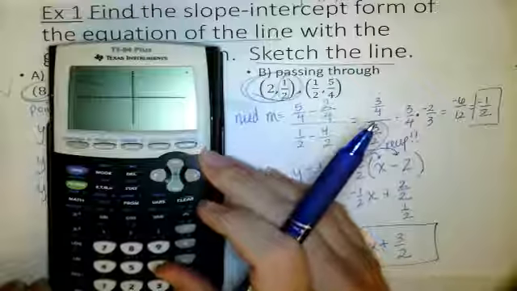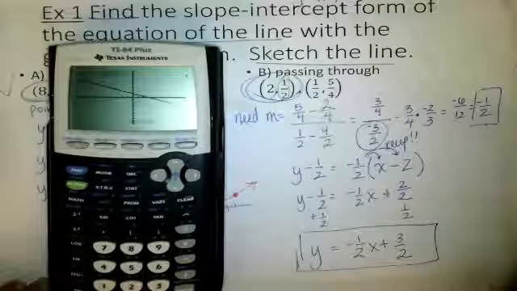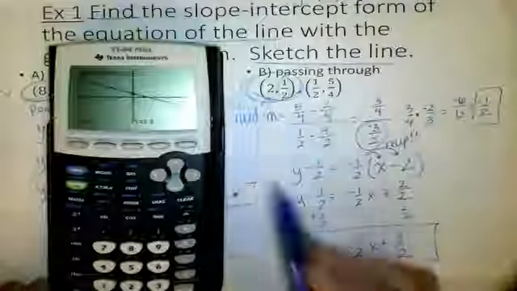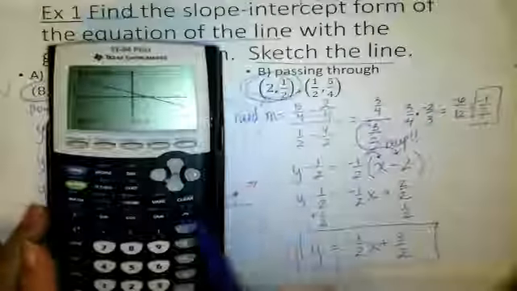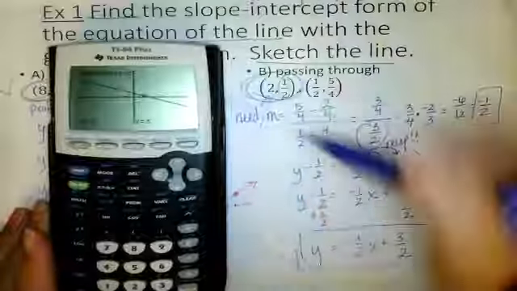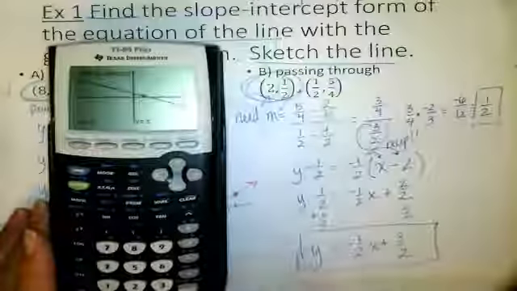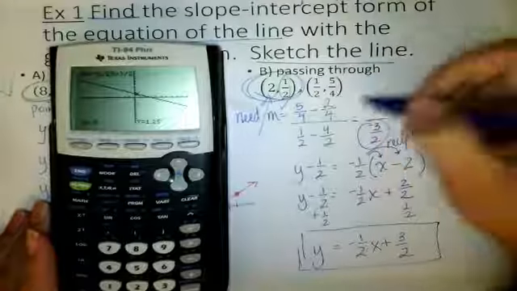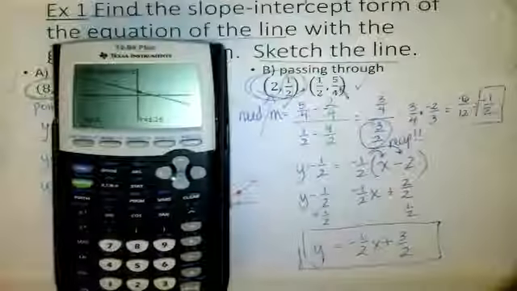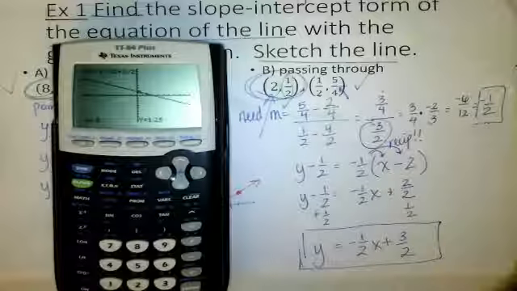So I'm going to go ahead and graph that. And I'm going to use trace. And I'm just going to plug in the x value 2, and it spits out a 0.5. So that one works. And if I plug in a 0.5, it spits out 1.25, and that's the same as 5/4. Okay?